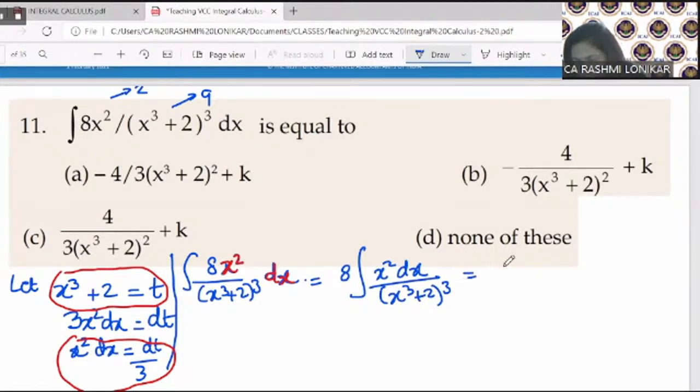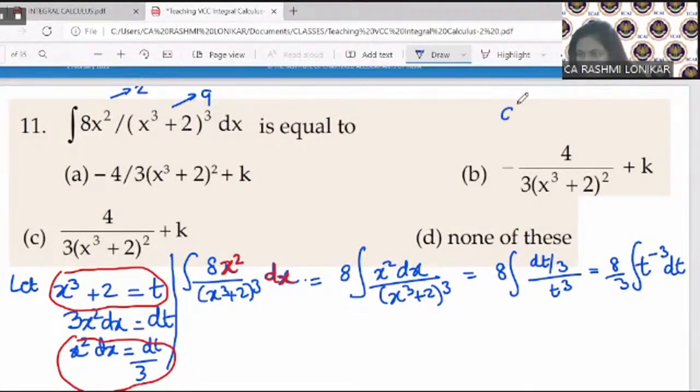So this is equal to 8 integral dt by 3 upon, what is this? This is t cube. Now this will be equal to 8 upon 3 integral of t raised to minus 3 dt. Okay, remember 1 upon a raised to m is equal to a raised to minus m. Indices chapter. So instead of t raised to 3 in the denominator, I will write it as t raised to minus 3 dt.